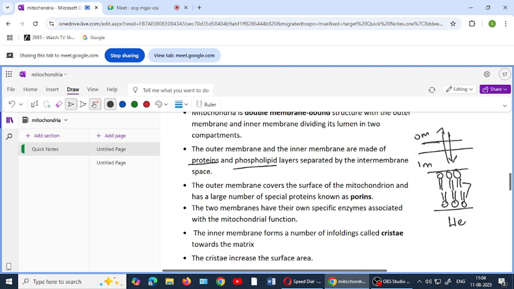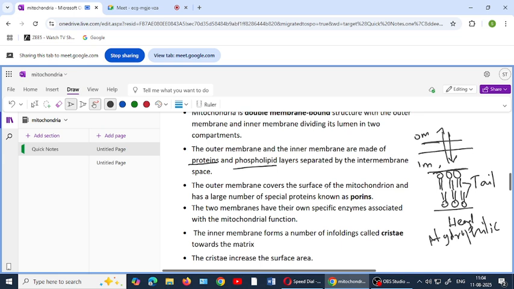The head is hydrophilic, which means the head region reacts with water. And these tails are hydrophobic. Phobia means they resist, they don't like water.